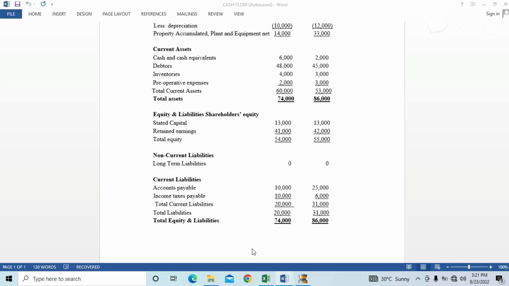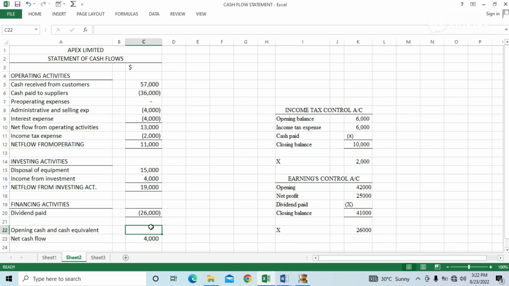Let's check. Under the current assets, initially it was 2,000 for 2019 and 6,000 for 2020, so it is the 6,000 that we are trying to get. So 2,000 was for 2019. We are trying to explain how come the amount is 6,000 at the end of 2020. So for 2019, we have the opening cash and cash equivalent to be 2,000.